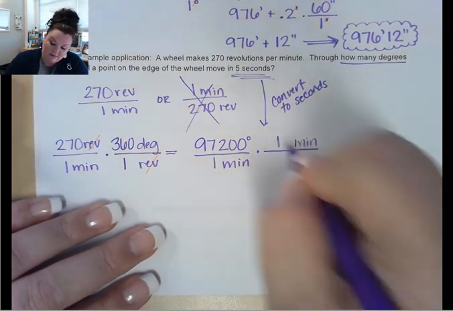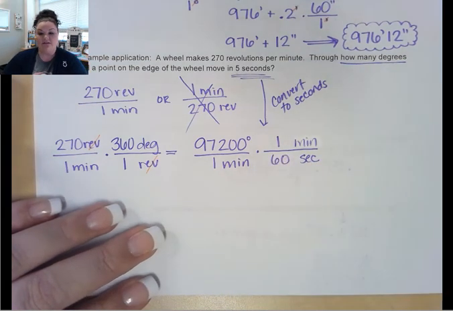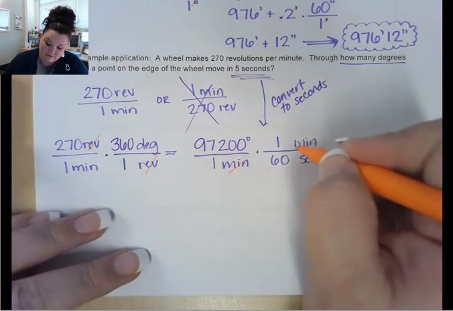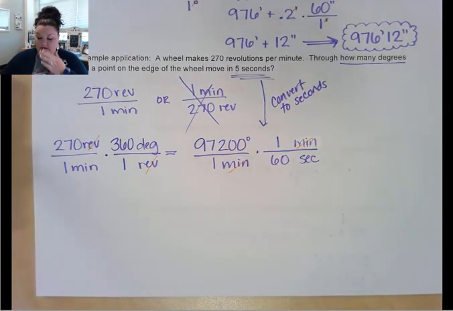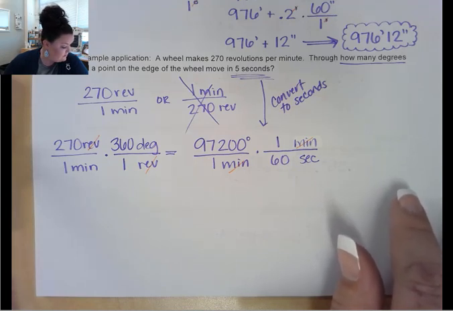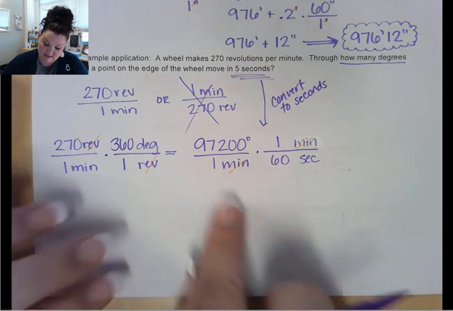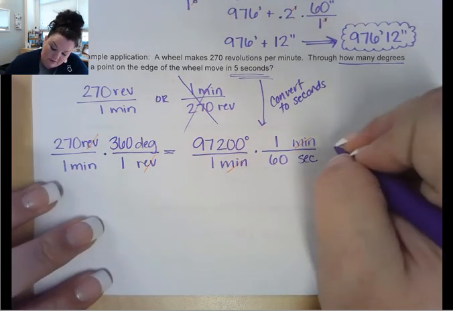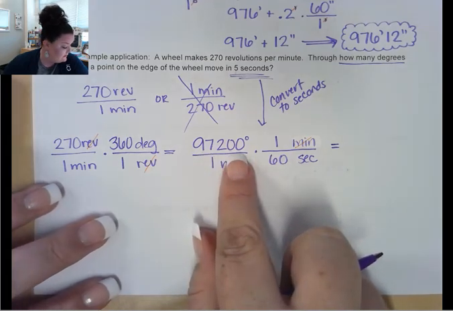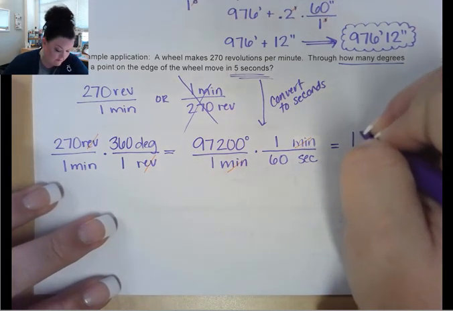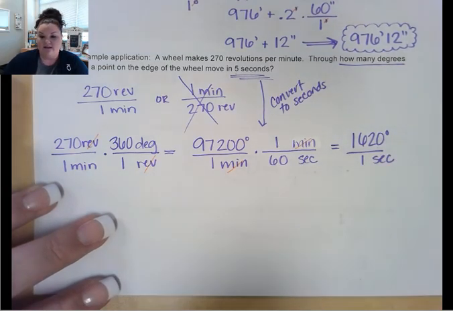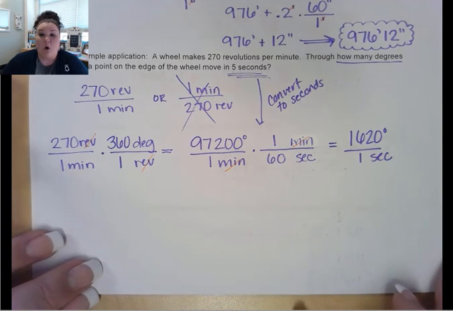In 1 minute, we know that there are 60 seconds, and this helps us because now our minutes cancel. When I multiply across, I think this comes out nicely. 60 goes into 97,200 and gives me 1,620 degrees per second.